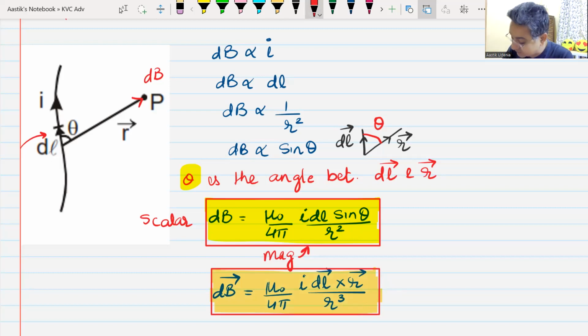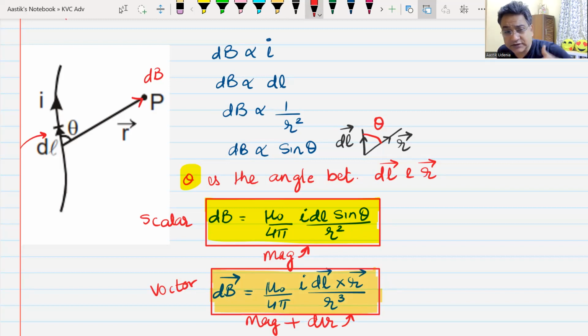This formula gives us both the magnitude as well as the direction, because it is a vector formula. We are not going to use this formula though. We are going to use the upper formula, the above one, the scalar one.